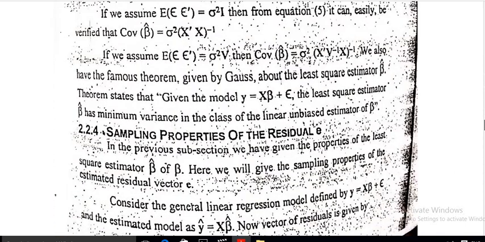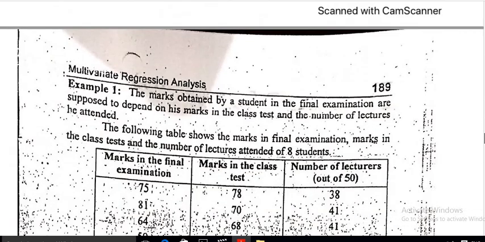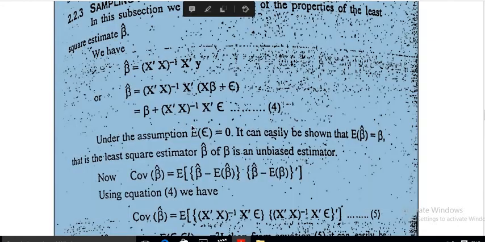I have solved here an example of the univariate case by using the above equation, that is beta hat is equal to x transpose x inverse into x transpose y.